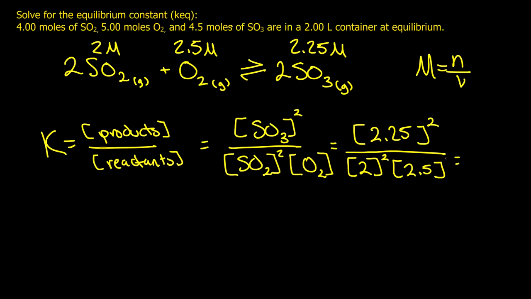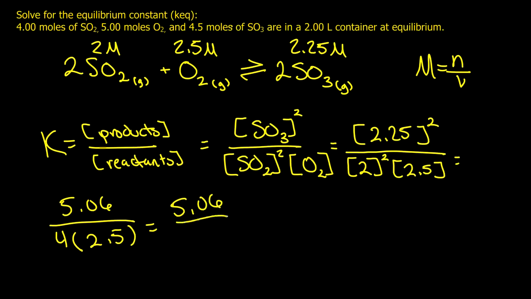Now we just have some basic math. So 2.25 squared is 5.06. 2 squared is 4, and then times 2.5. So simplify that down a little bit more. 4 times 2.5 gives me 10. 5.06 divided by 10 gives me 0.506.